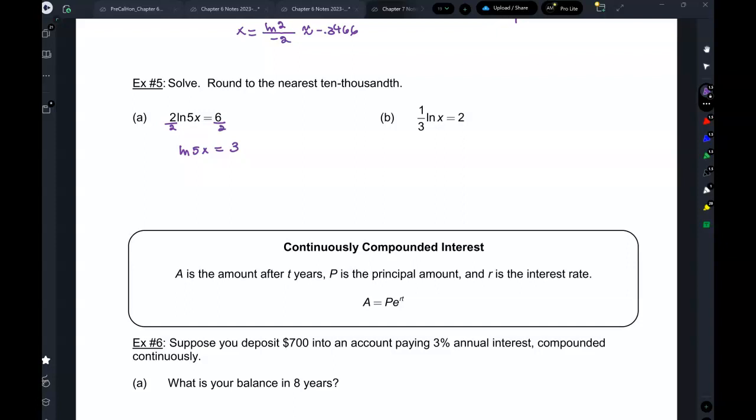If 3 is an exponent, every exponent needs a base. What's the base? E. E to the 3 is equal to what? 5x. All right. Do you see how natural it is turning out to be? Get it? Like the natural base. Okay. So x is e cubed over 5.